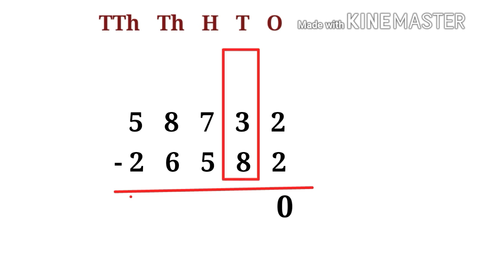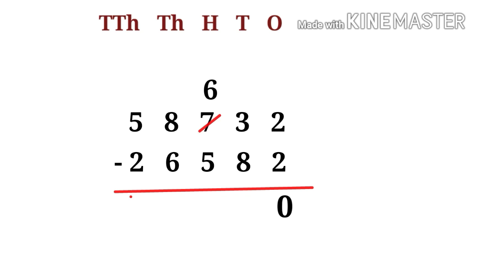Next, subtract 3 minus 8. See, 3 is lesser than 8. So, we cannot subtract. Hence, borrow 1 from the hundreds place. So, 7 is reduced by 1 and it becomes 6, and 3 is increased as 13.